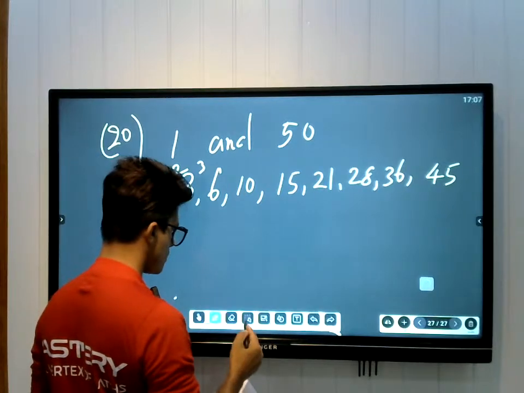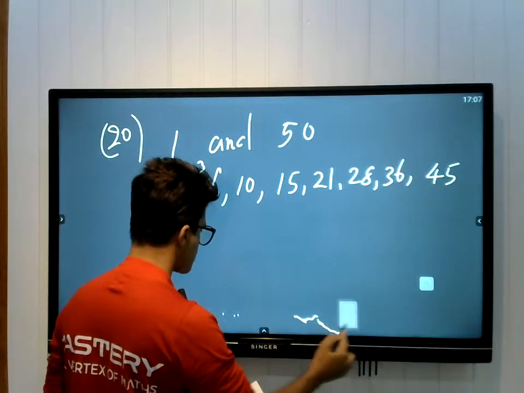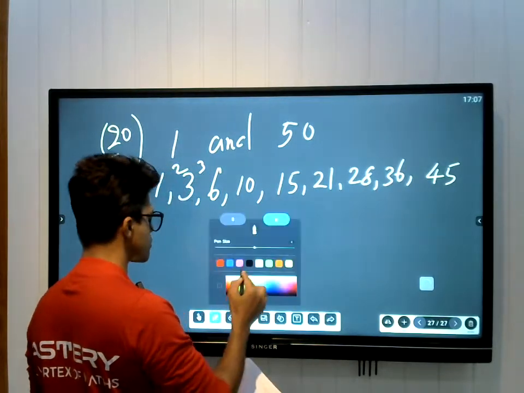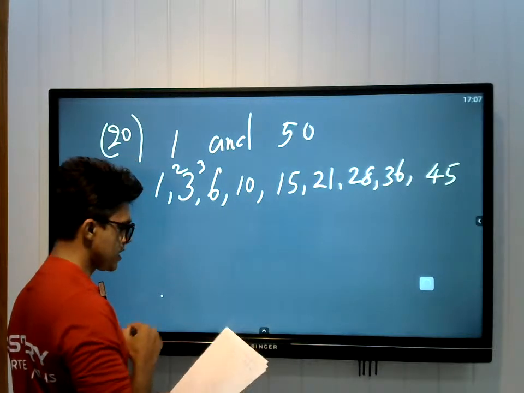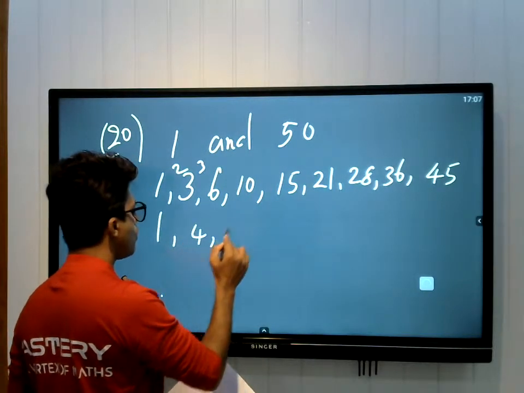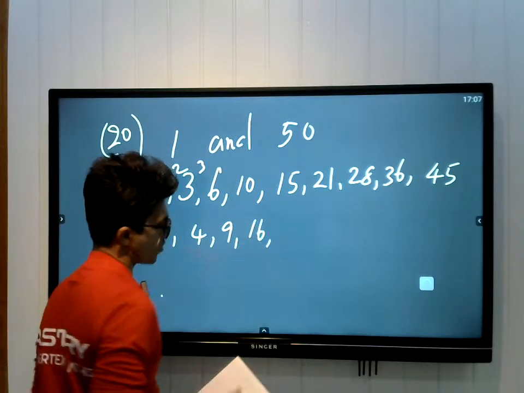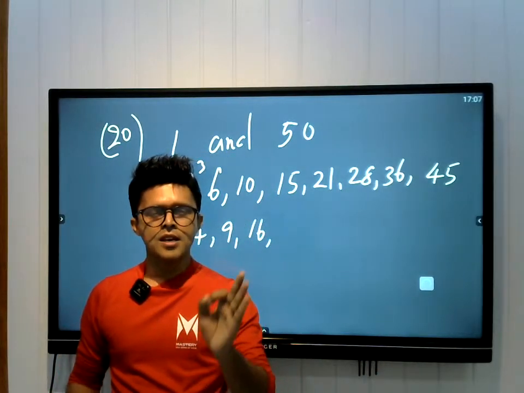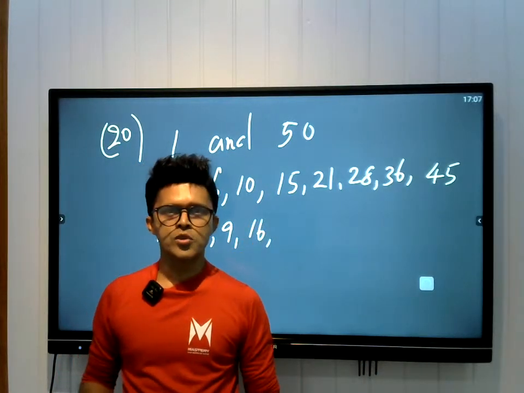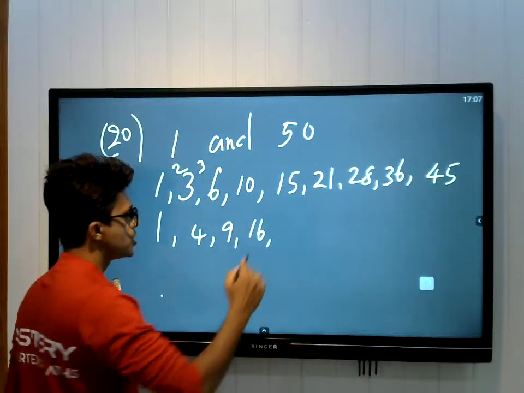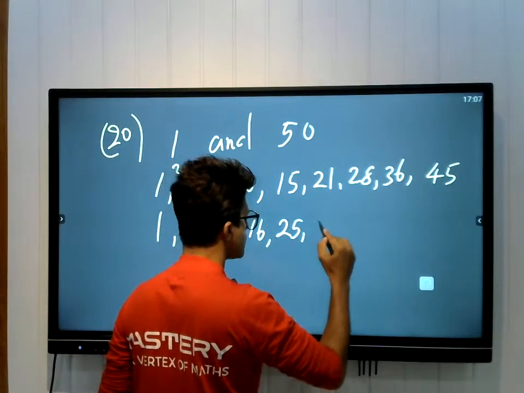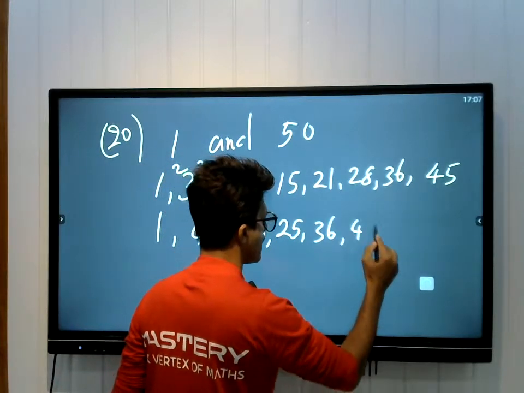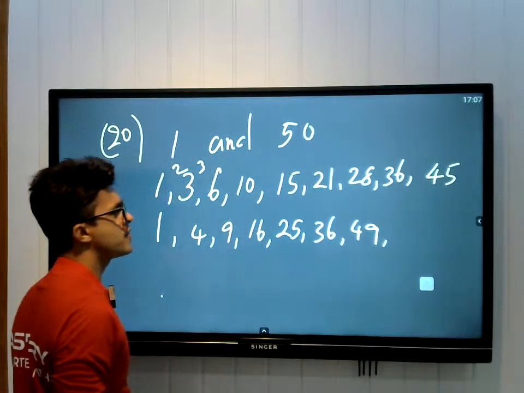The square numbers between 1 and 50 are 1, 4, 9, 16, 25, 36, 49. You know that 1 times 1 is 1, 2 times 2 is 4, 3 times 3 is 9, 4 times 4 is 16.